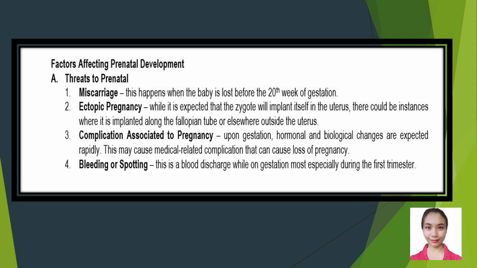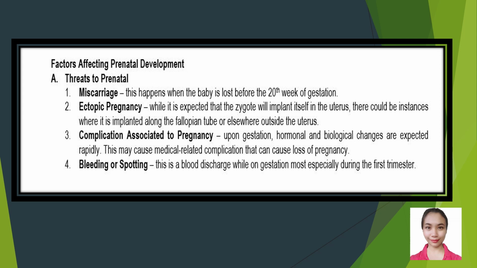It happens when you have a few drops of blood on your underwear. Spotting is so light that the blood wouldn't cover a panty liner. Bleeding, on the other hand, is when the blood flow is heavier, enough that you need a panty liner or a pad to keep the blood from soaking your underwear and clothes.